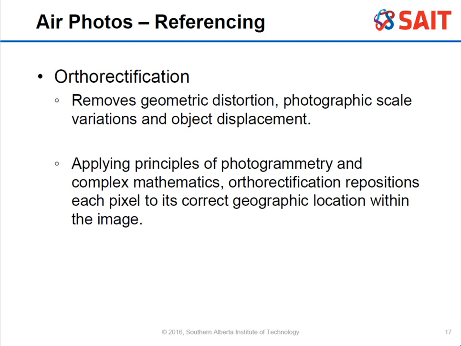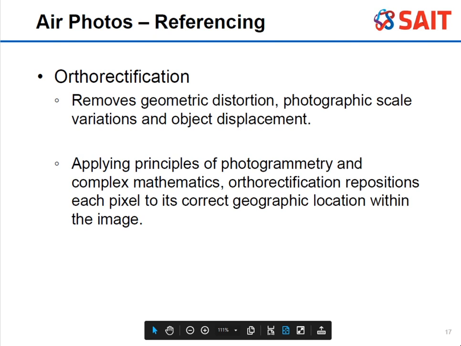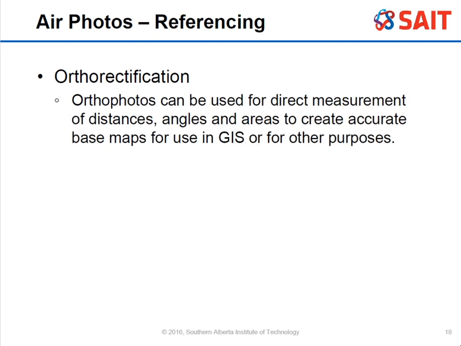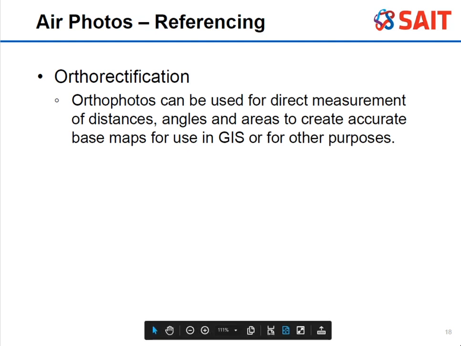Now, georeferencing does reposition every pixel using something called resampling, but orthorectification is a little bit more mathematically complex for each individual pixel to make it more correct. So they can be used for direct measurement of distances and angles and areas, and that just creates a nice base map that we can use in GIS.